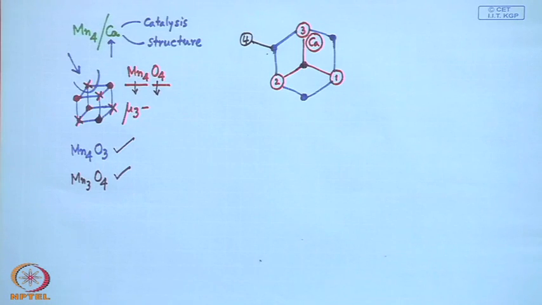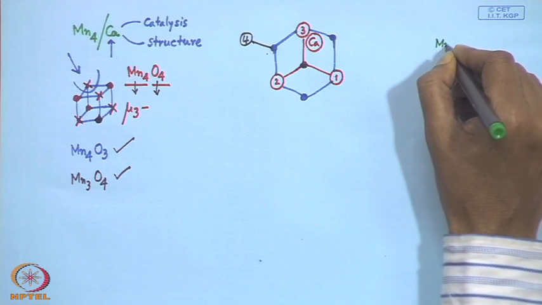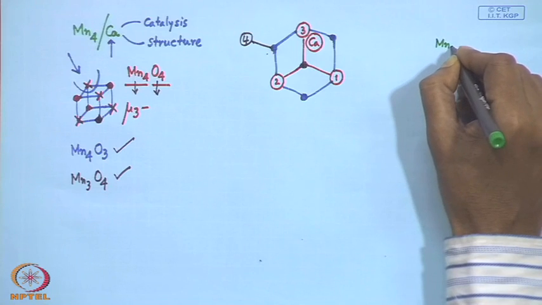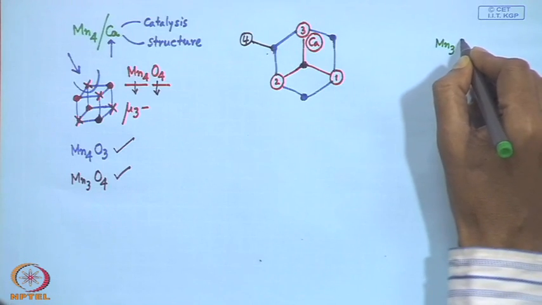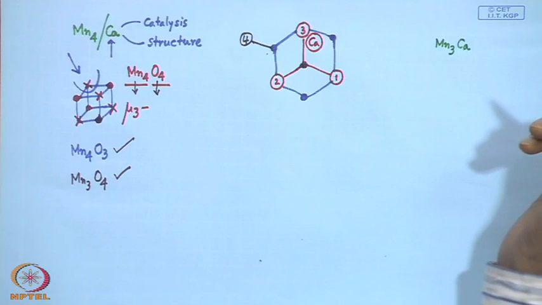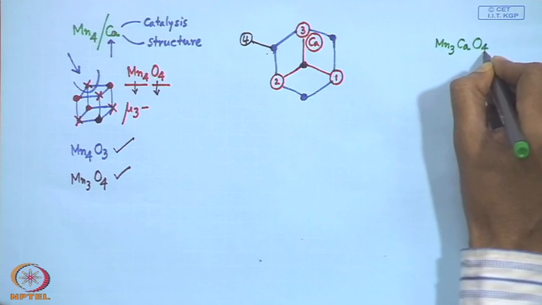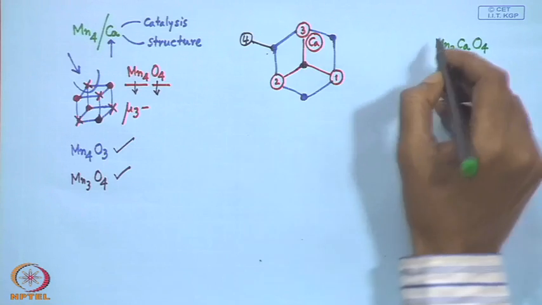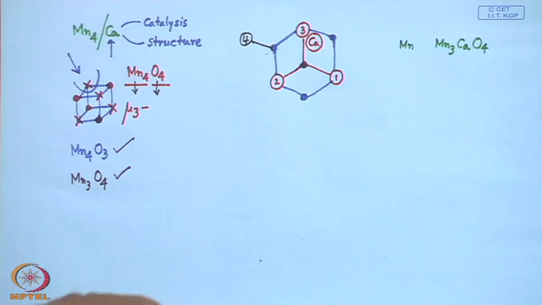So, what we have in our hand is Mn3 from this unit, a calcium, 4 oxygens and a distant manganese.